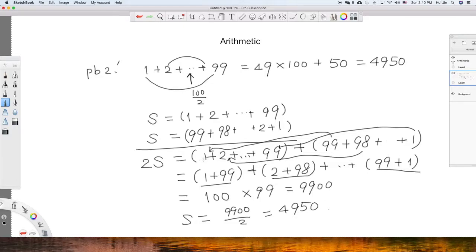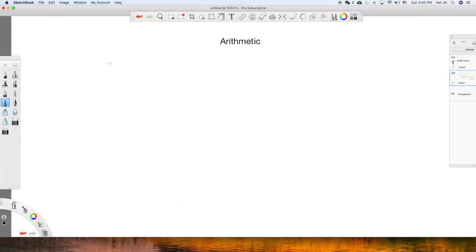All right, and this kind of gets rid of the little problem of when the number of terms is even or odd. And in general, I'm going to write down the general form of 1 plus 2 plus all the way to n.